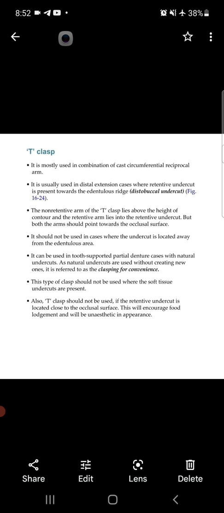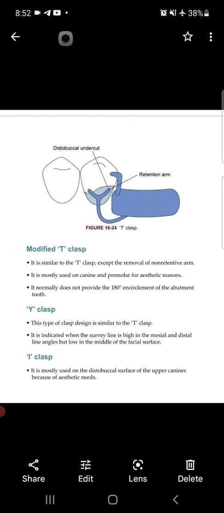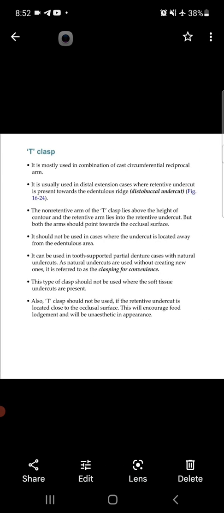It should not be used in cases where the undercut is located away from the edentulous area. If the undercut is away from the edentulous area, we cannot use the T clasp. It can be used in tooth-supported partial denture cases with a natural undercut. If there is a natural undercut, natural undercuts are used without creating a new one.